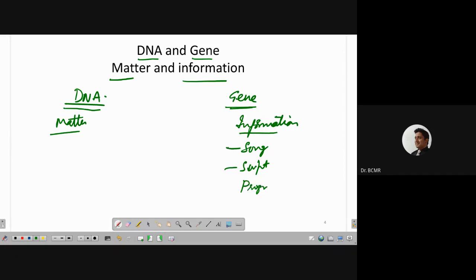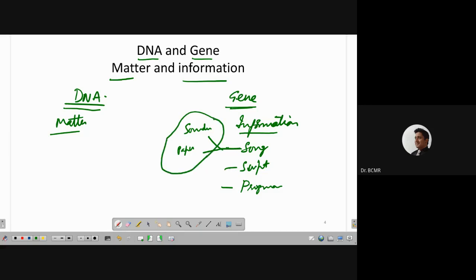Yes, software. Okay. So a song is sound energy if it is being played. If it is stored, it would be stored on a paper, or on a cassette or a pen drive, and so on. It is dependent on a physical thing.